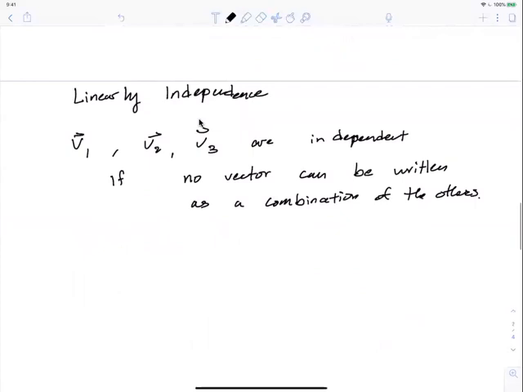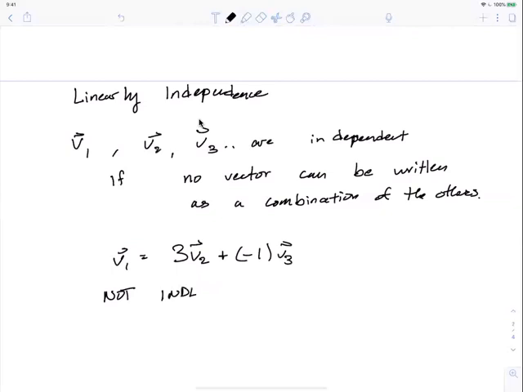For example, you might have v1 equals some multiple of v2 plus some multiple of v3, and this would mean that you are not linearly independent, because you can write it.